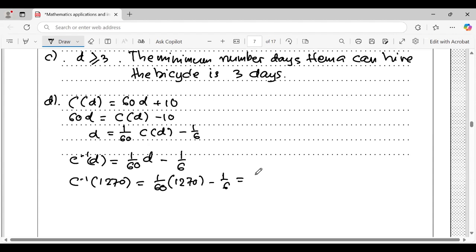If you calculate, it is 126 over 6, which equals 21. So K equals 21. This is the solution.